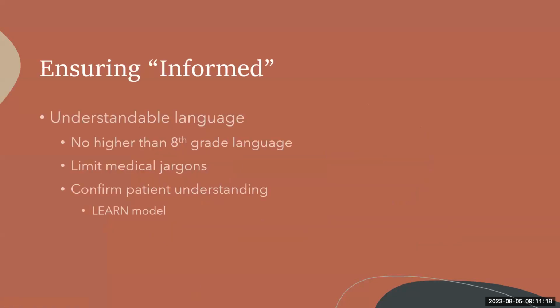The next part is to do it in an understandable language. And that's part of the reason why we're talking about that to you guys right now, right? So let's say you have a patient who comes to Vietnam for traveling, and they got into an accident and showed up in your hospital.